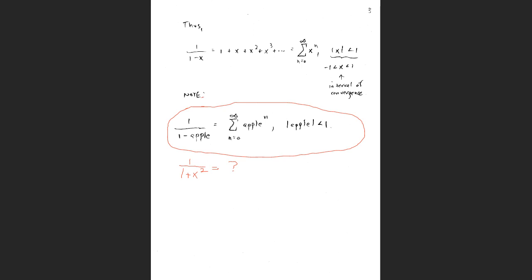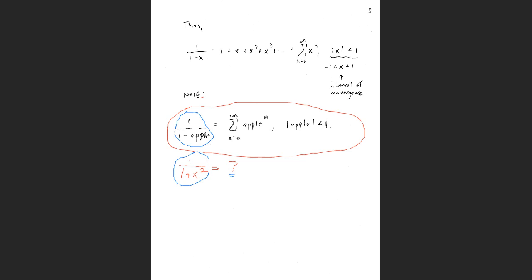So, I look here at this 1 over 1 minus apple, and I look at the 1 over 1 plus x squared. And I have to find the power series.